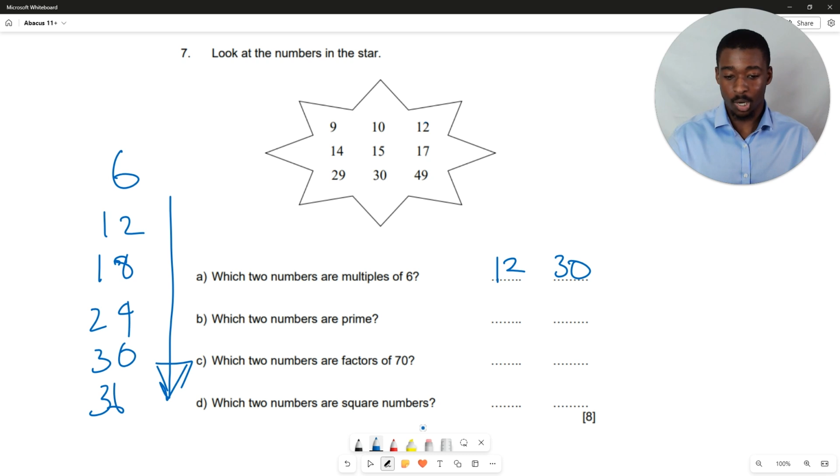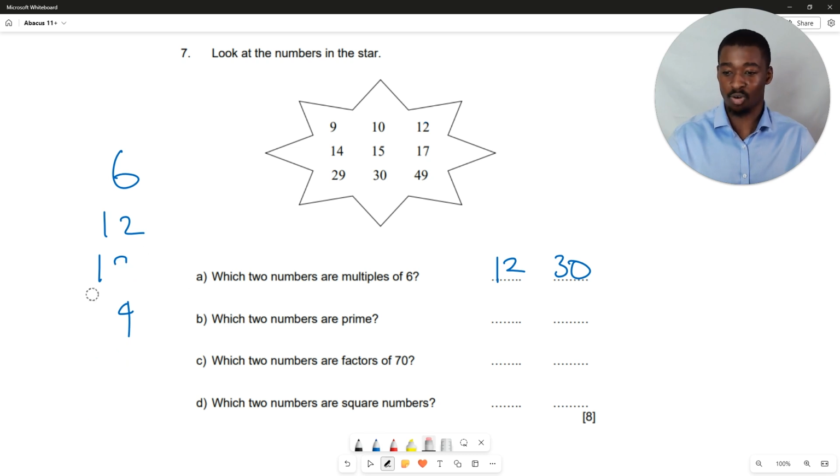Next one, which 2 numbers are prime? So you have to know what a prime number is. A prime number is a number that only has 2 factors, itself and 1, right? It can only be divided by itself and 1. So here, our first prime number should be 17.